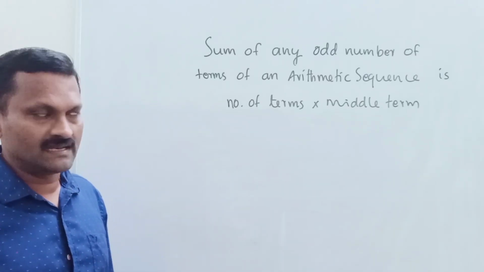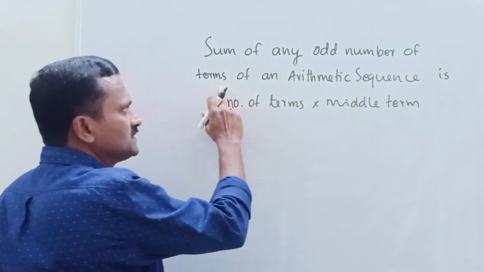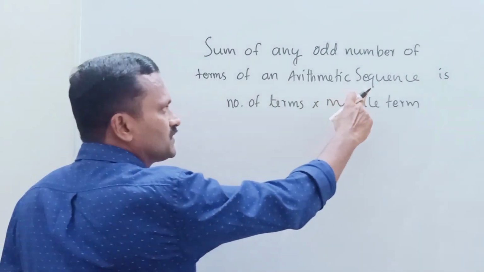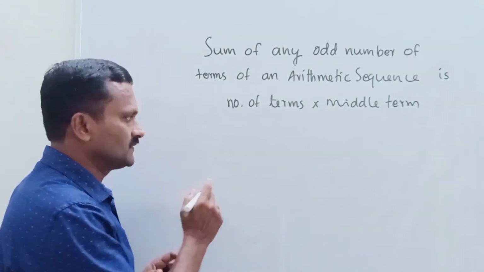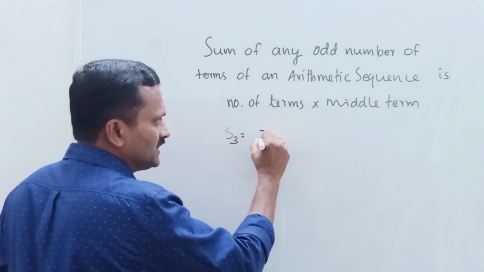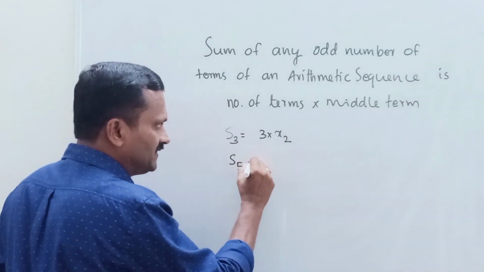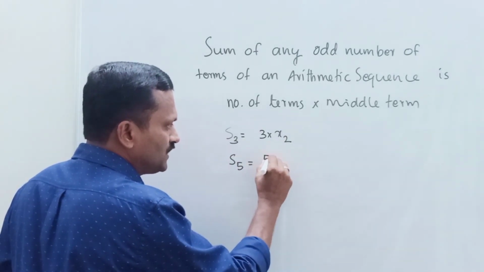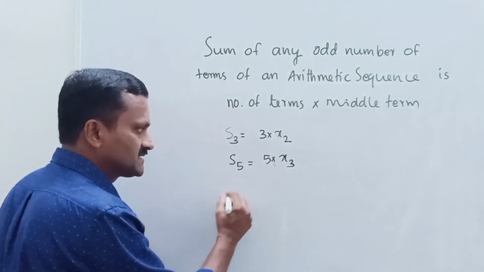That is, in general, the sum of any odd number of terms of an arithmetic sequence is number of terms into middle term. That is, the sum of the first 3 terms equals 3 into x2, and the sum of the first 5 terms is 5 into the middle term. What's the middle term? The third term, x3.